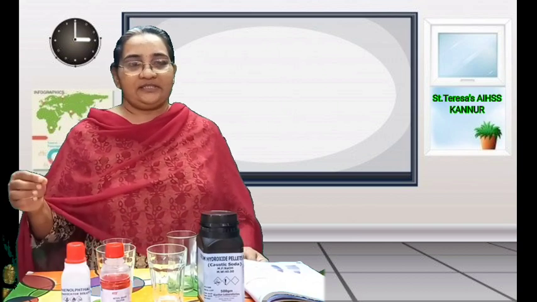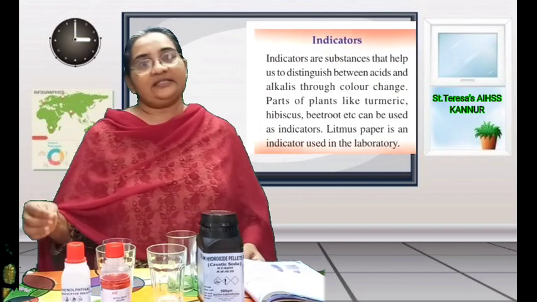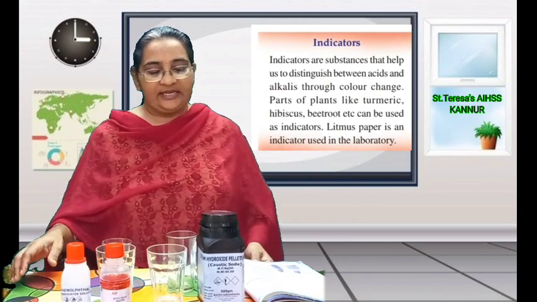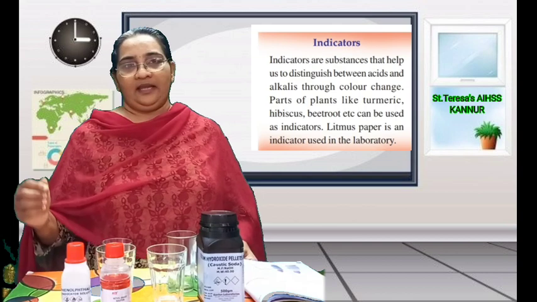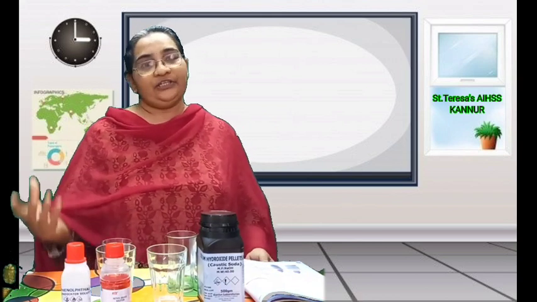So indicators are substances that help us to distinguish between an acid and an alkali. I told you in the laboratories we don't use hibiscus paper or beetroot paper or turmeric paper. Instead we use many other indicators. Now you can see right in front of me there are many things, isn't it? You can see caustic soda is here, and you can see these two things.